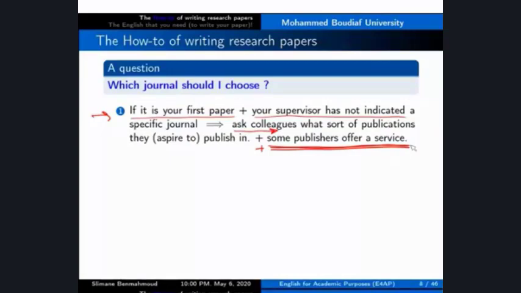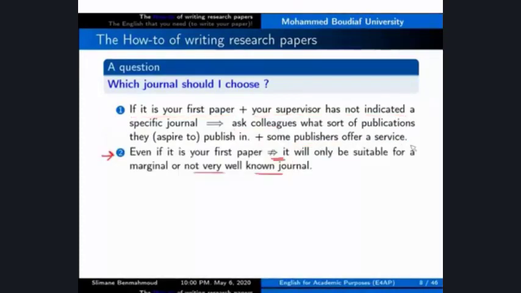Then hit the search button and you will be shown a list of journals where you can submit your manuscript, and they give you some statistics, such as the percentage of acceptance of your paper.